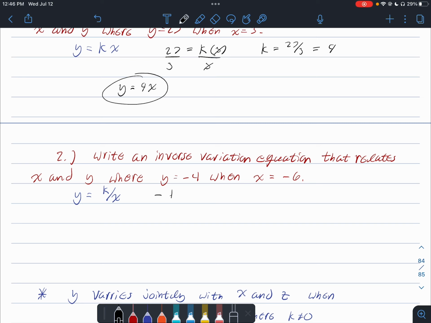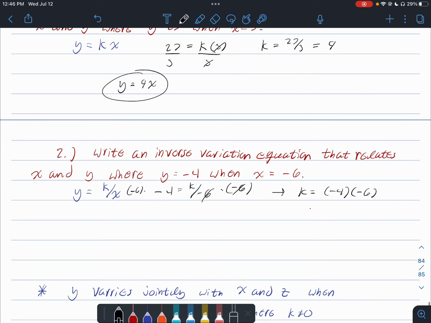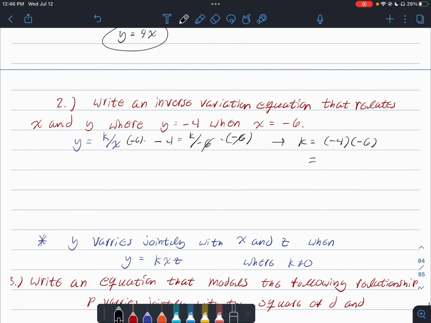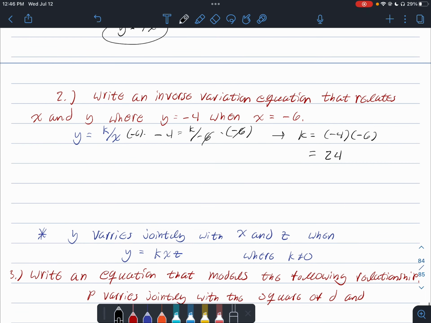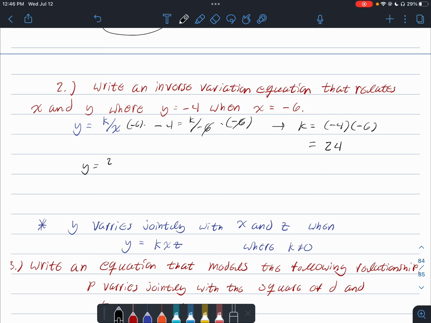So we have -4 is equal to k divided by -6. We can multiply both sides by -6. These will cancel, and we get that k is equal to -4 times -6, or we can say that k is equal to positive 24. So therefore, our inverse relationship can be written as y equals 24 divided by x.